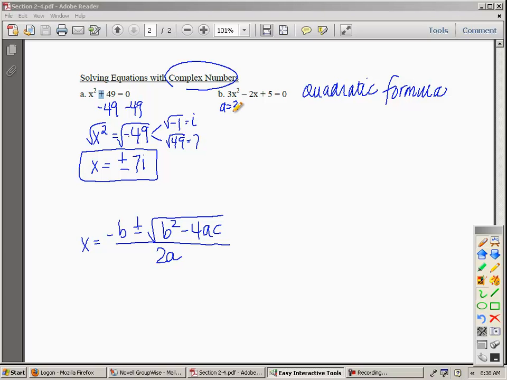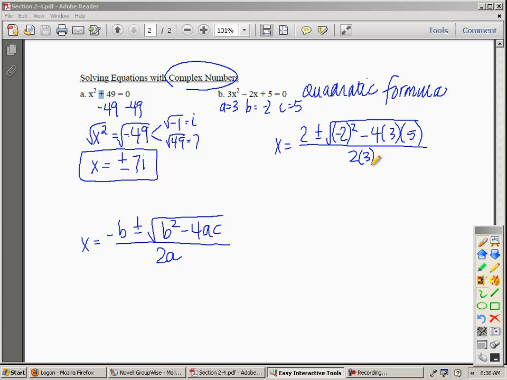a is 3, b is negative 2, and c is a positive 5. So I'm going to stick these in my formula. So x equals 2 plus or minus the square root, negative 2 squared. Why did I do parentheses? I want my calculator to do it correctly for me. Minus 4 times 3 times 5, all over 2 times 3.